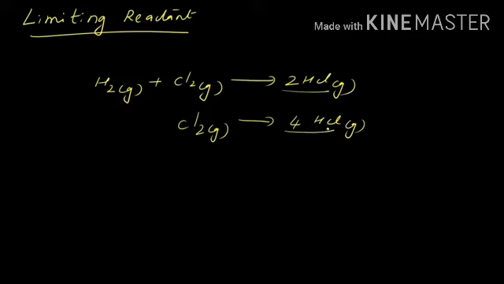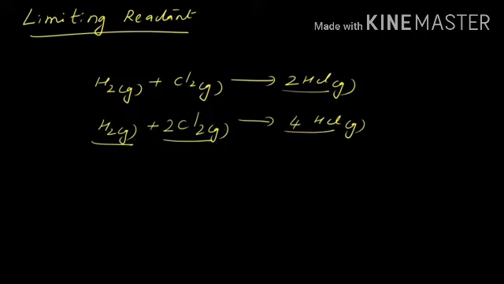Do we get 4 moles of HCl by changing the number of moles of chlorine alone, keeping the number of moles of hydrogen constant? Do we get the desired number of moles of hydrochloric acid? No, that is not possible, right?